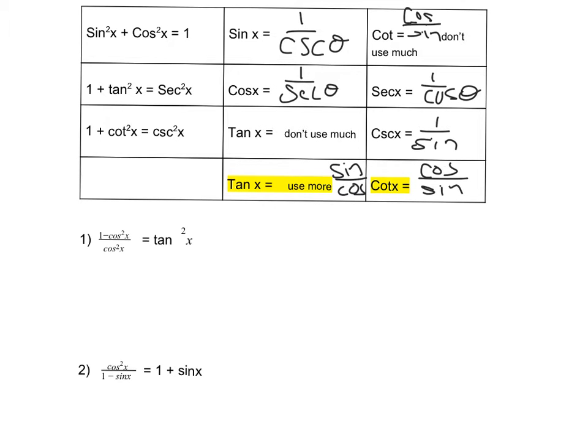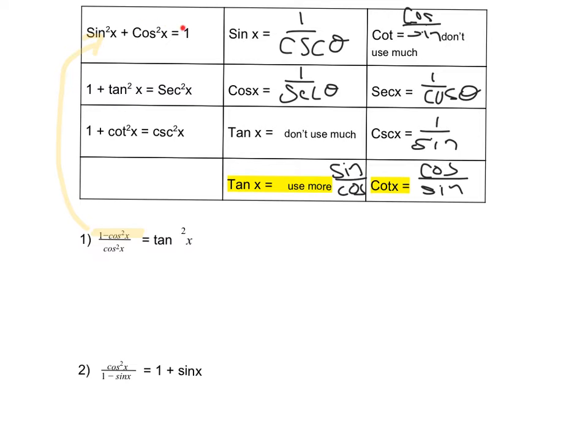For number 1, I can do this fairly easily if I see that this right here is a Pythagorean identity. So 1 minus cosine squared goes with this Pythagorean identity if I rewrite it.